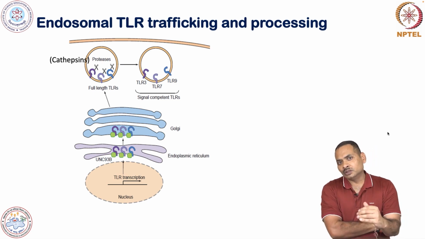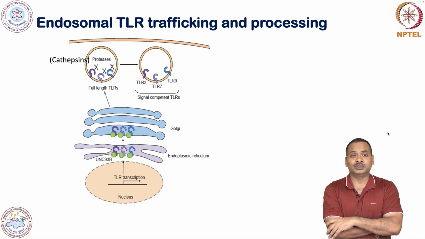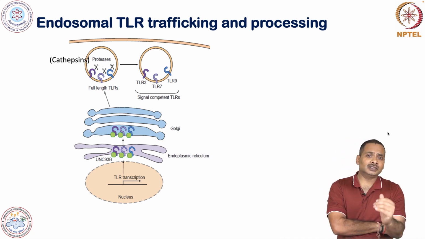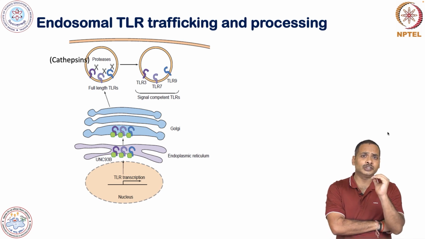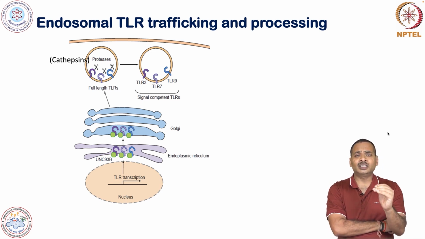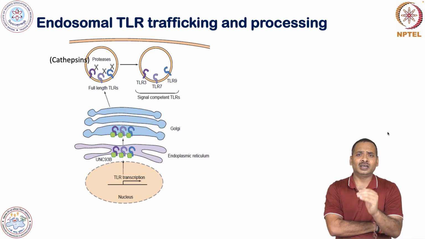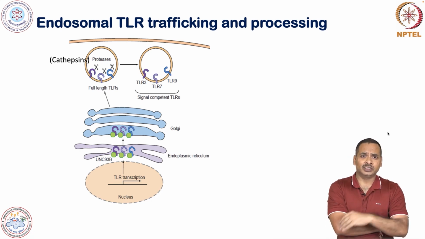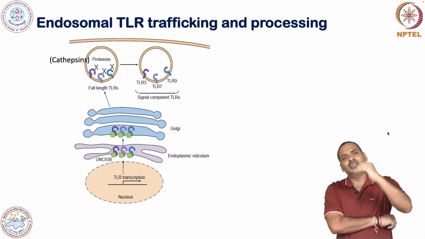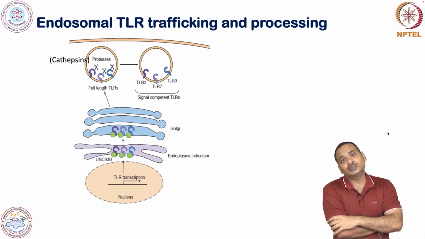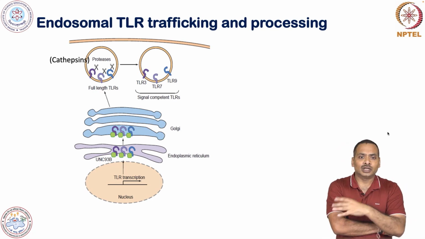This molecule is expressed on the endoplasmic reticulum, and it is very much needed to take the newly synthesized TLR 3, 7, 9 to the endosomes. If you delete this gene, TLR 3, 7, 9 will not be translocated into the endosome or endolysosome.